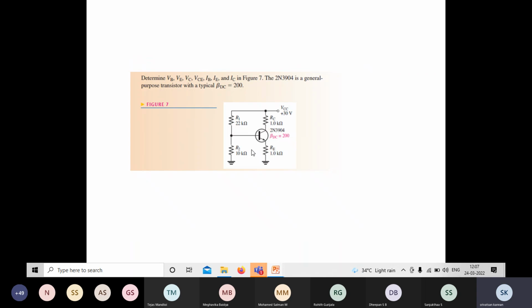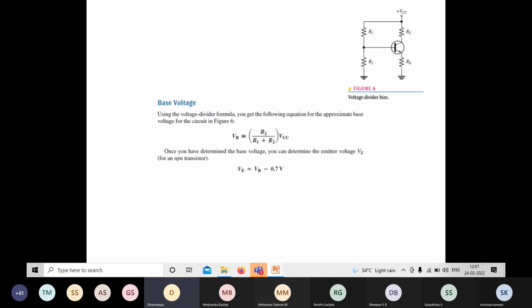Sir, from where will the base current flow? Exactly. From VCC, it will divide to R1 and RC. See, the point here is we have to make the collector-base junction reverse biased. That is achieved by the same VCC.